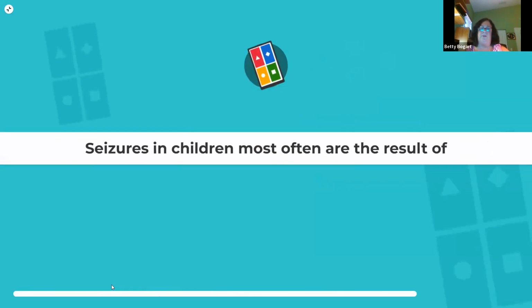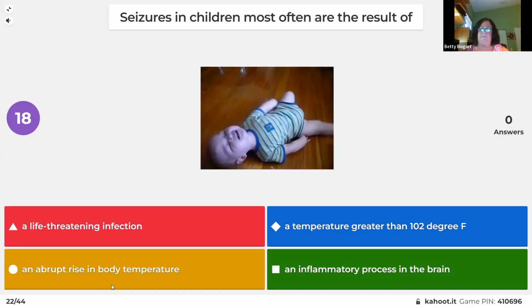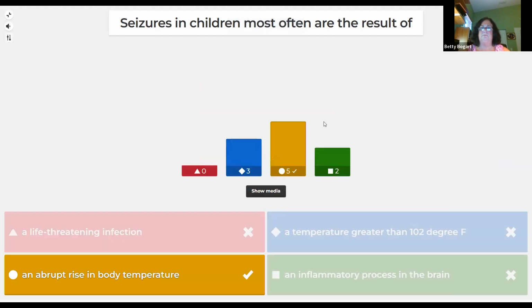Seizures in children most often are the result of what? So seizures, which is febrile seizures, is not because of a temperature that they have, okay? I've had parents come in screaming, oh my God, my child's gonna have a seizure.